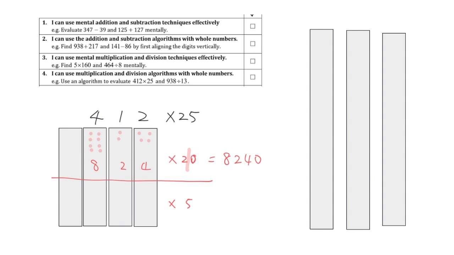So 5, you need to do it 5 times. So 1, 2, 3, 4, 1, 2, 3, 4, 1, 2, 3, 4, and so on.